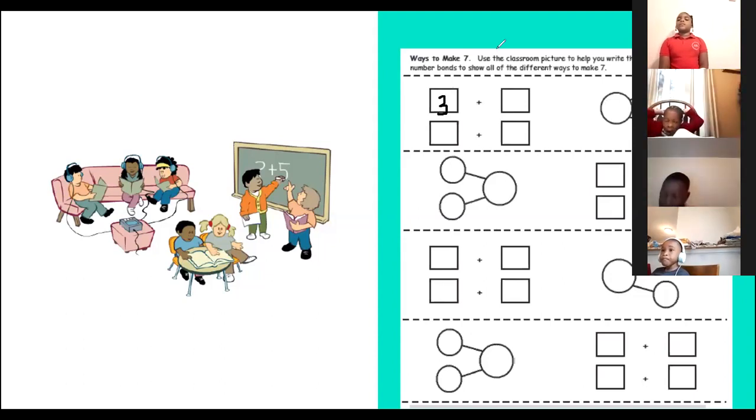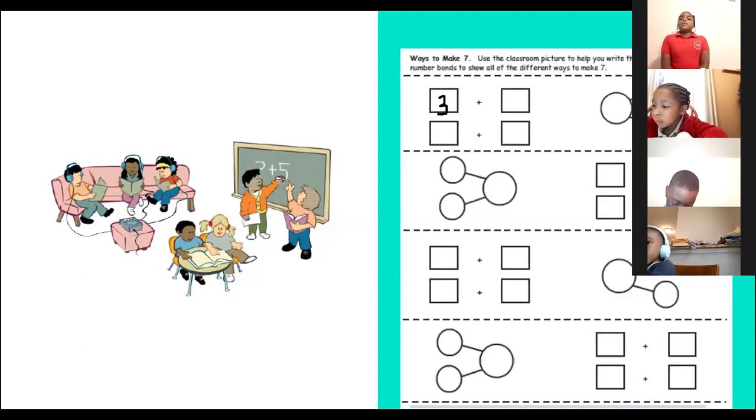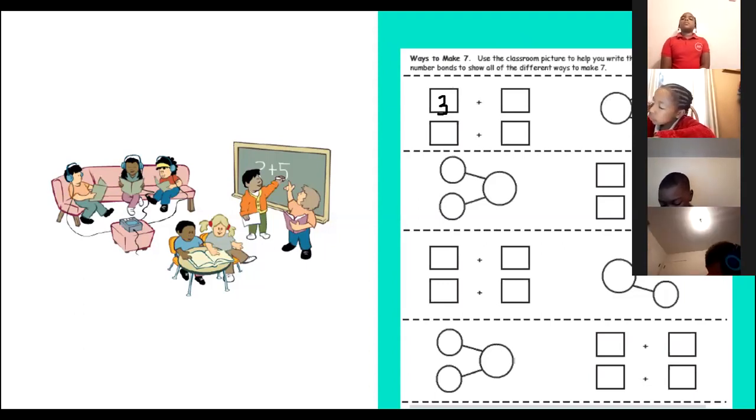Ooh, my 3 looks a little weird. Three and 3. How many kids do not have headphones, Azar? 4. 4, thank you. Put it back on mute so I know it's my part.